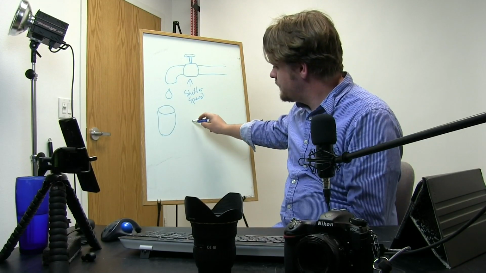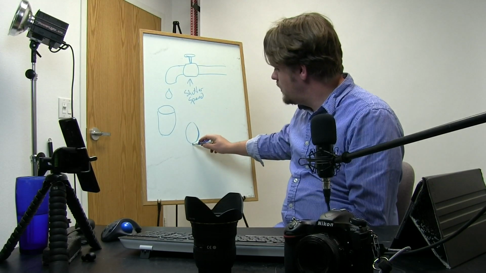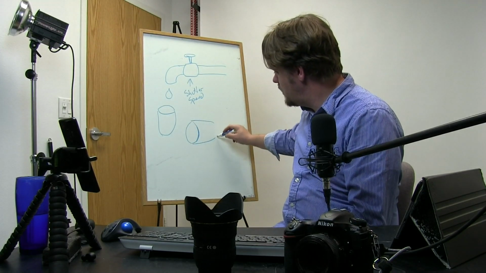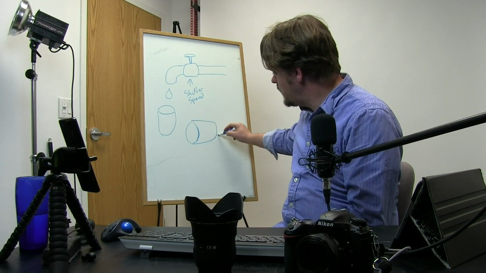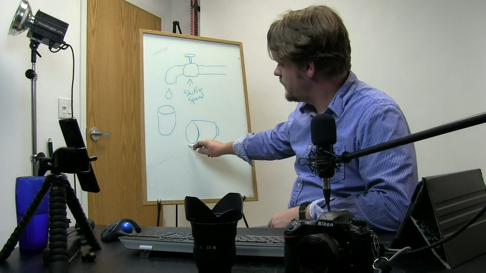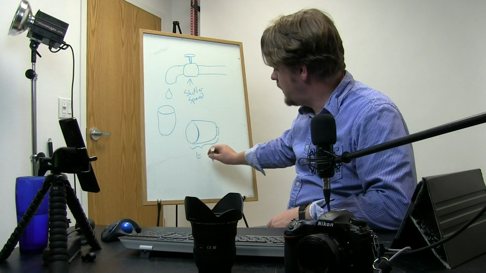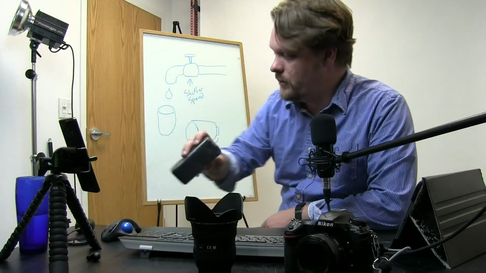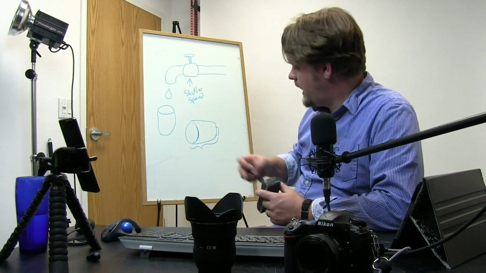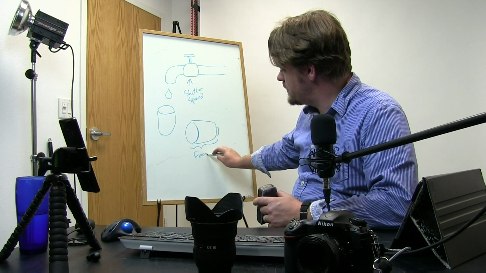So in a lens, here's the mount. You have the focal length, and the focal length relates to how zoomed in you are, among other things.